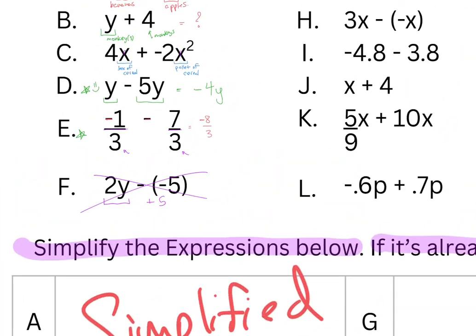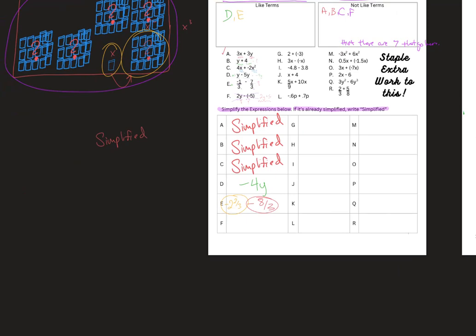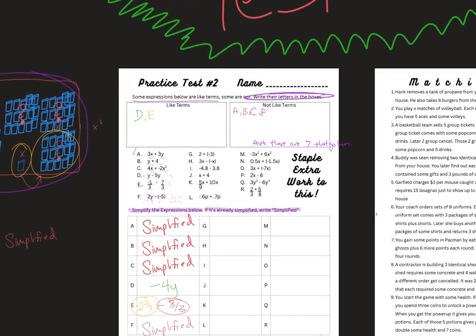We don't know how much is inside of this, so how could we possibly add 5 to it and give you a simple, conclusive answer? We can't. So our answer would have to be 2y plus 5. By the way, this is one reason why I said technically we're just going to call those simplified, even though in theory we could simplify that one a little bit further. But for now, we're just going to call it simplified.